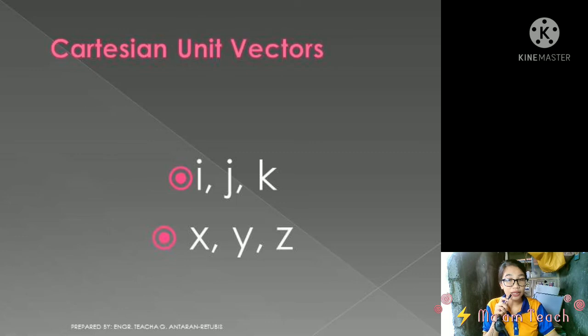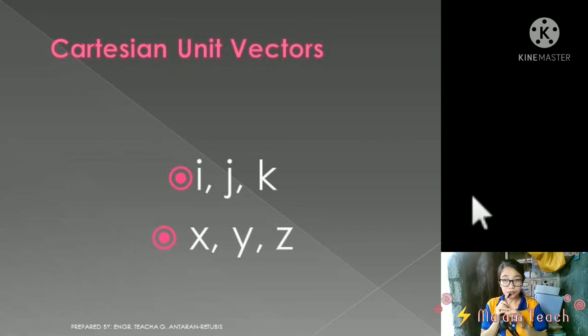Take note that i is the direction used for the x-axis, j is used only for the y-axis, and k is used only for the z-axis. If you recall our previous discussion, we only used i and j, right? Because we only had two dimensions, x and y. But in this case, we have three dimensions, so we add another unit vector, which is k, the unit vector or direction of your z-axis.